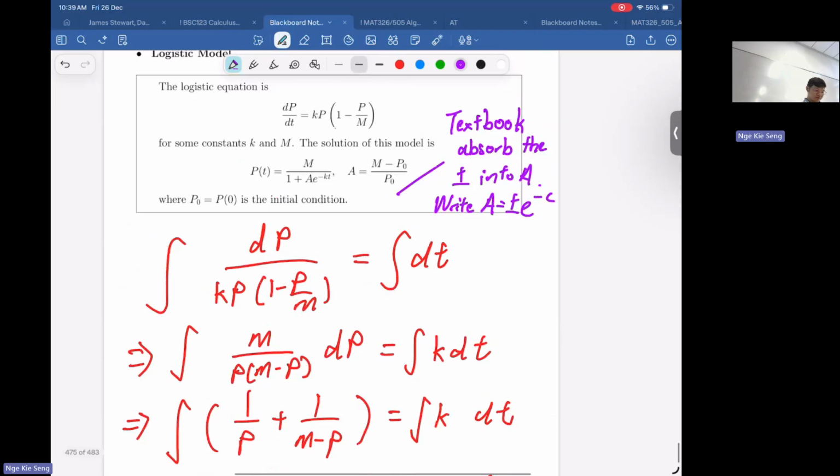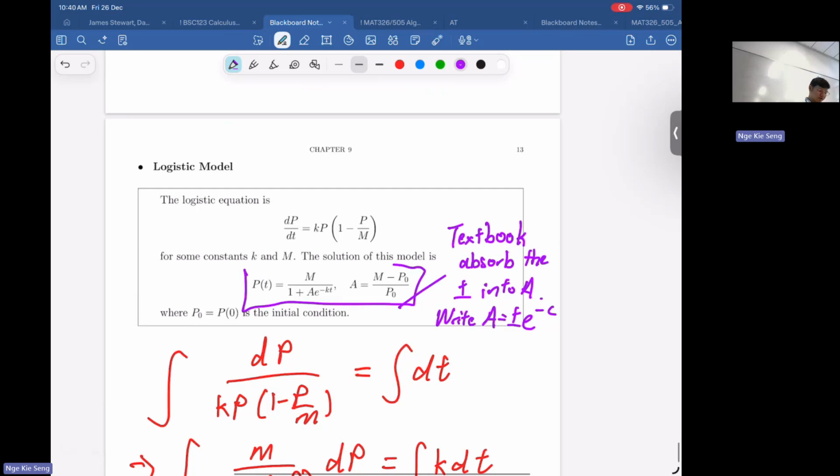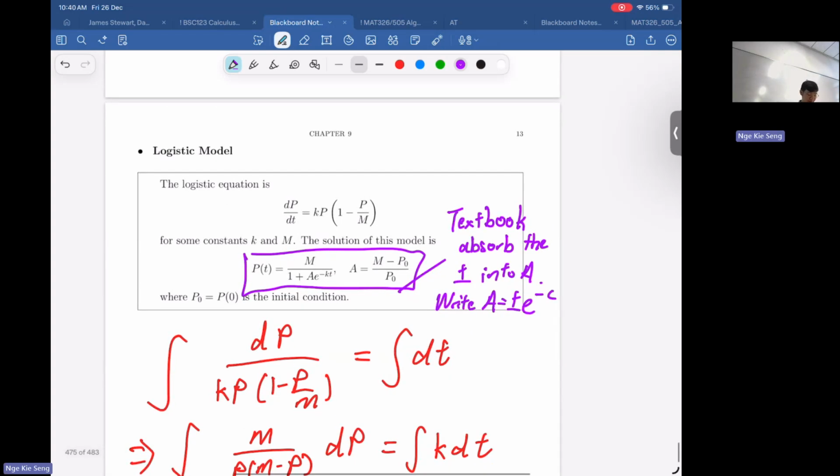Just use this. The question will set it for you to just use this formula here. So just remember this formula, that is enough. They will set it in the usual sense. But in future, you want to be careful with this plus minus sign.